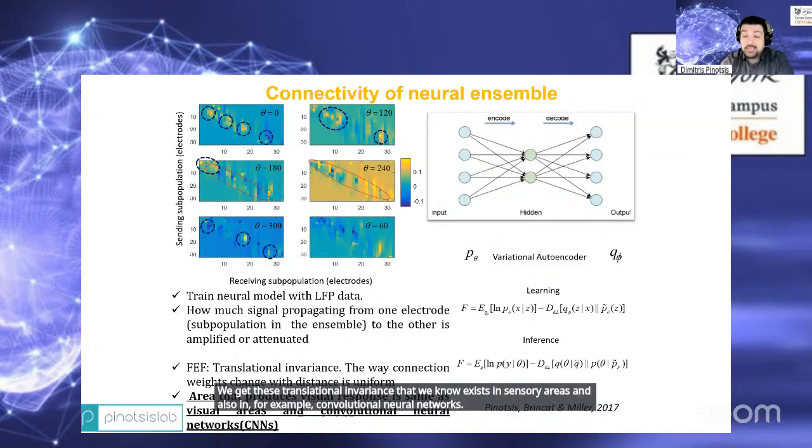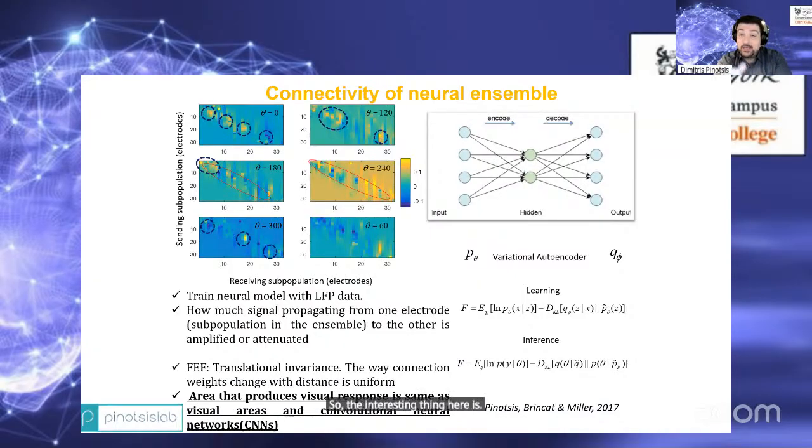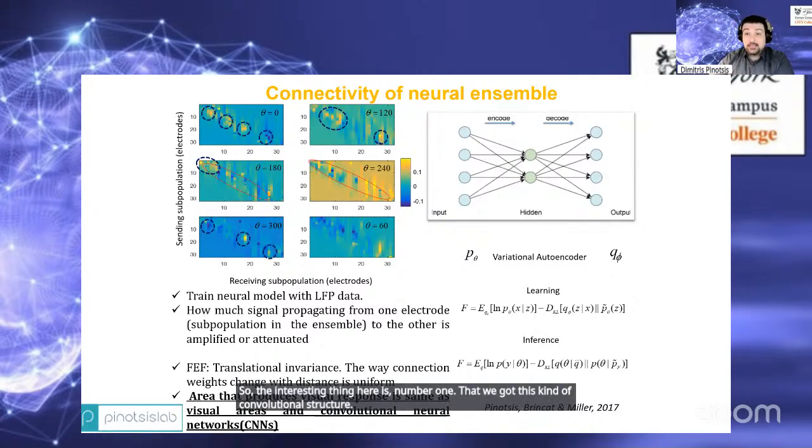The interesting thing here is, number one, that we got this kind of convolutional structure in a data-driven fashion. We didn't impose it as people do in convolutional neural networks. And second, this comes from a frontal area, not a sensory area, that, like I said, is known to create a map of the world to use for saccade initiation.